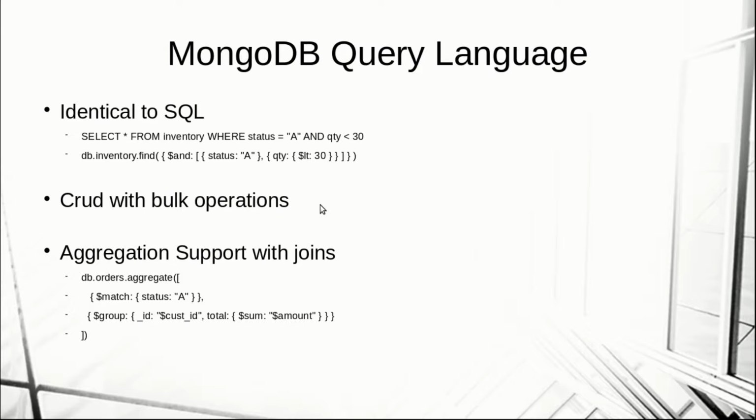It also supports aggregation with joins, so you can use aggregation operations with or without joins, grouping, matching, and so on. MongoDB is a very powerful, flexible, versatile query language that you can practice at your comfort.